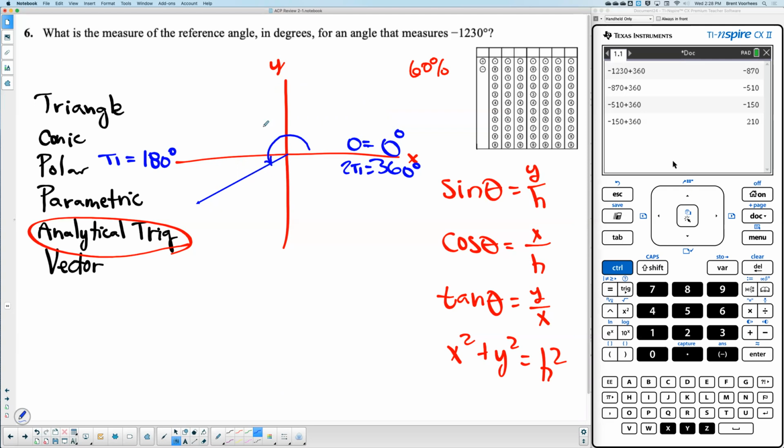A reference angle is the angle that connects to the nearest x-axis. You're asking yourself, how many degrees does it take to get from 210 to the closest x-axis, which needs to be 180. How many degrees apart is 210 and 180? 30. That is your answer.